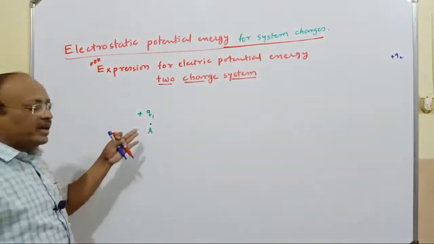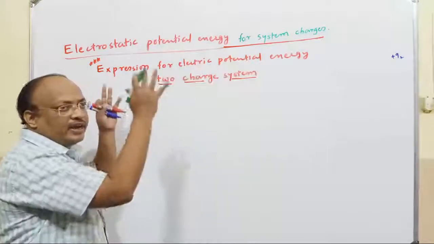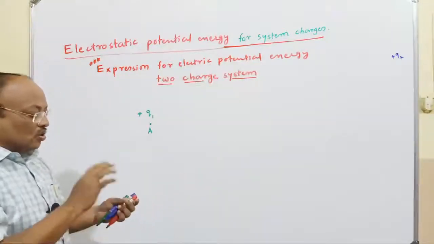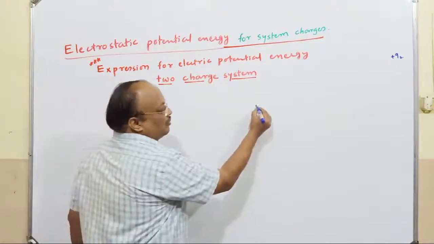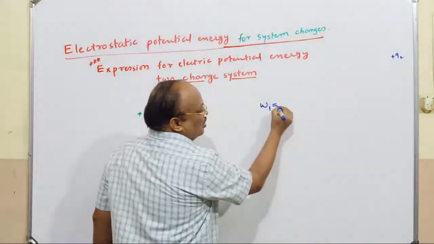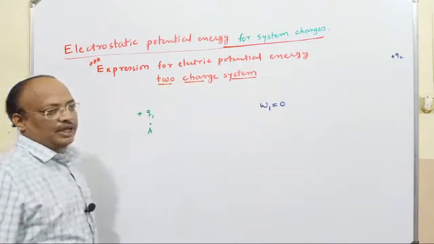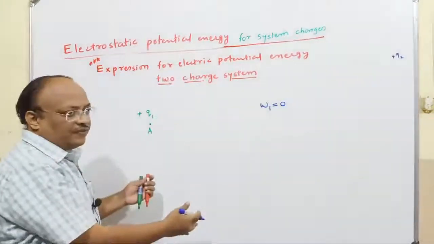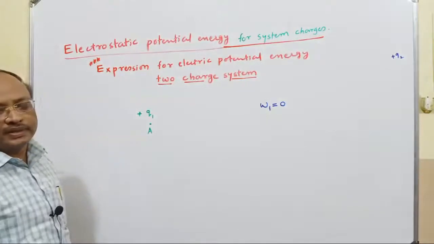Am I doing any work here? Because no friction, no electric field, nothing. So no work is done to bring the first charge, W1. No work is done here. If there would have been any other electric field, I would have to push it to bring it.